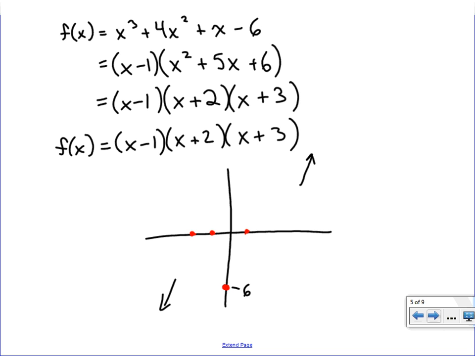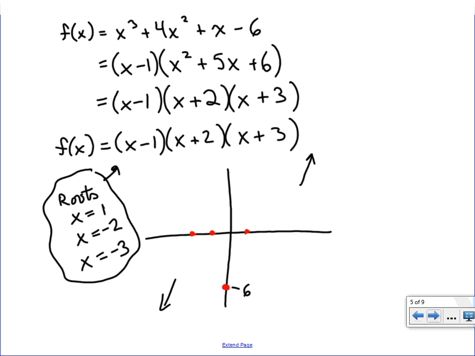These roots are x equals 1, x equals negative 2, and x equals negative 3. Good. So far, so good. I think I can, at the very least now, sketch in my function. Let me just erase this.